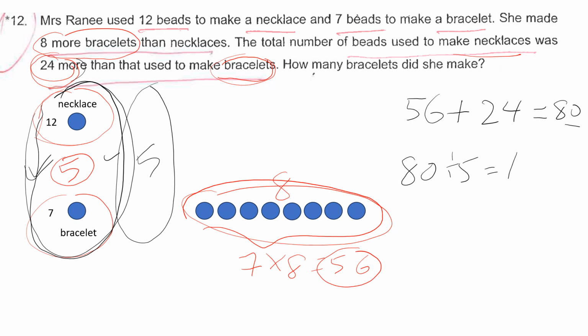You'll get 16. Meaning to say there are 16 pairs, 16 necklaces being formed. If I know that 16 necklaces were made by her, how many bracelets are we talking about? They say 8 more. So 16 plus 8, I'll get 24 as an answer.